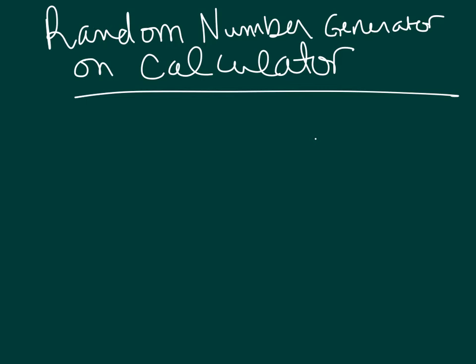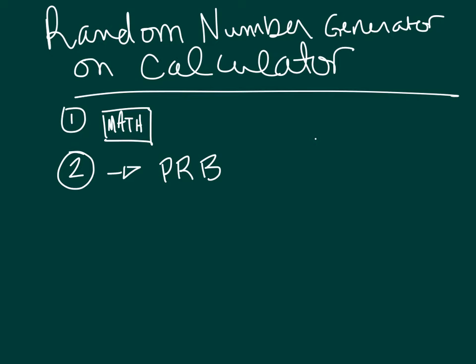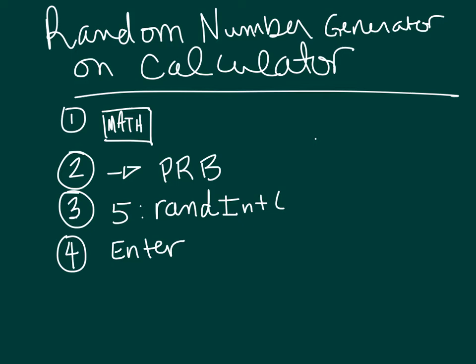So we're going to use the random number generator on the calculator, and I'm going to write out the steps for obtaining that here. Step 1 is hitting the math button. Next you want to go over to PRB for probability. Then you want to go down to number 5, which is rand_int for random integer. Then you hit enter. You're going to see rand_int, and the cursor is going to be in this spot.